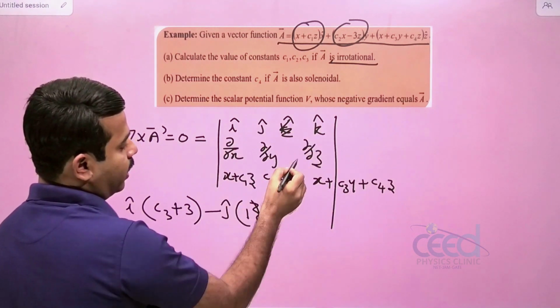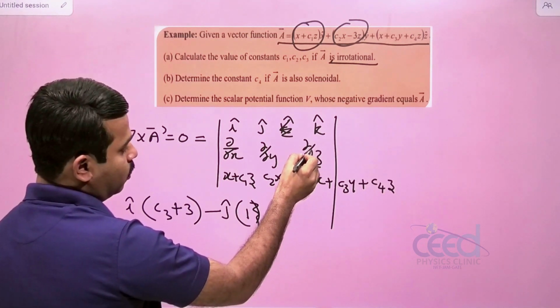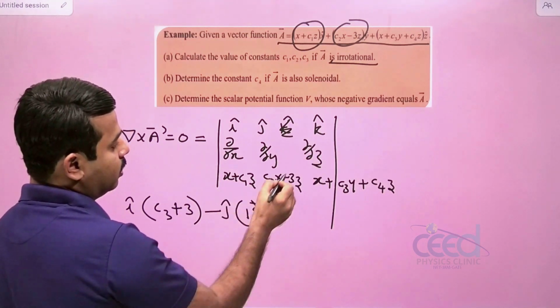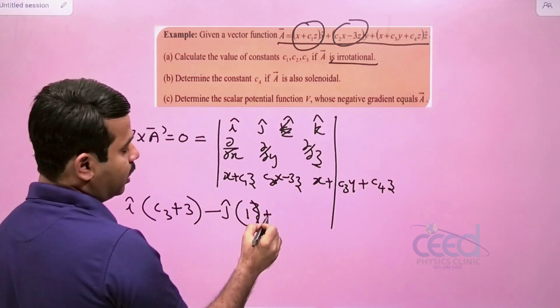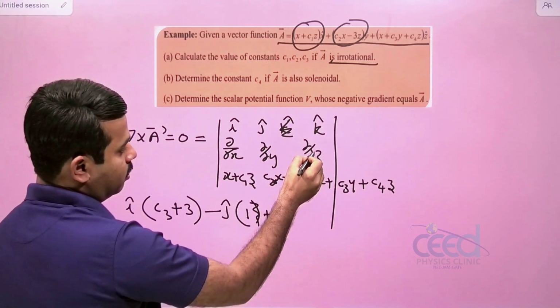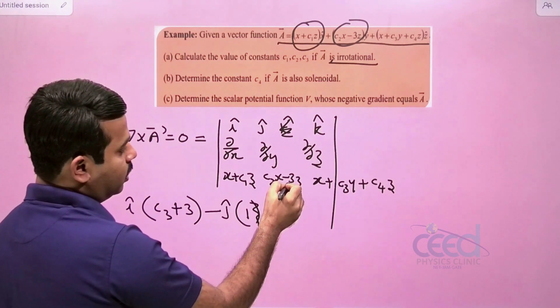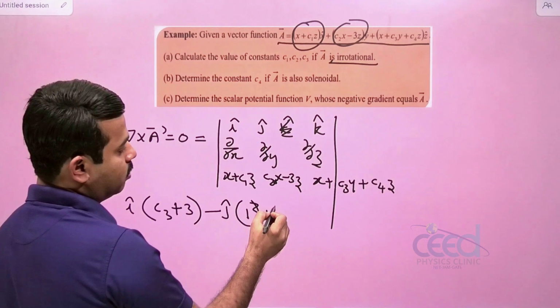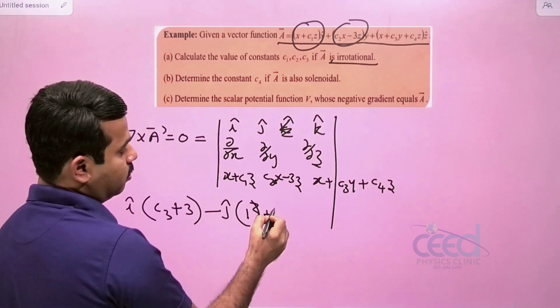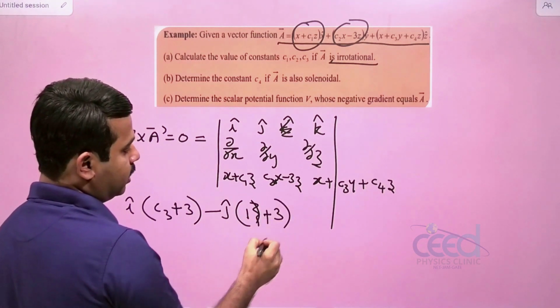And this also, that is with respect to dou by dou z of this is 0 and here plus 3. This is 3z, so the differential of this is plus 3.